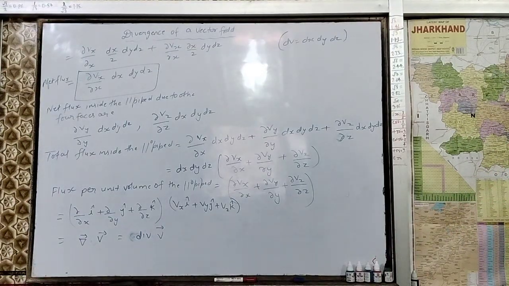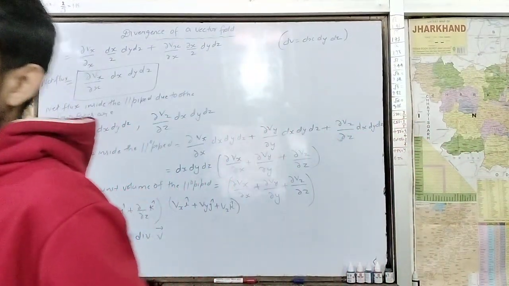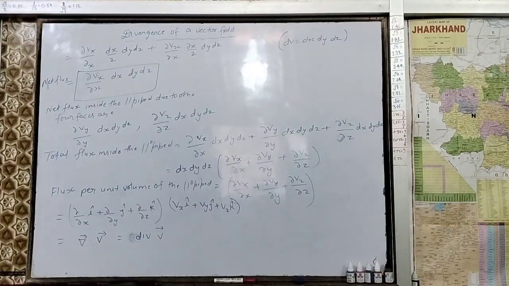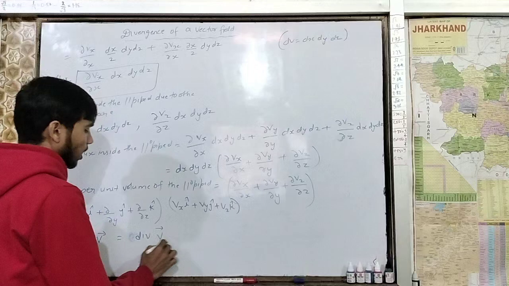Yes, the del operator dotted is called divergence, or crossed it is called curl. This is our final result.